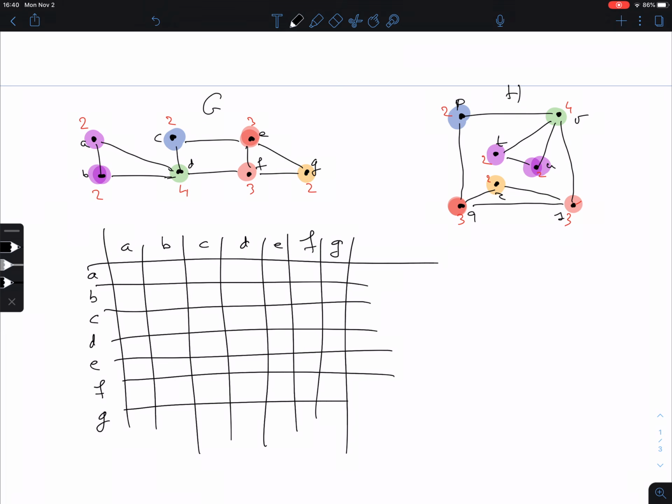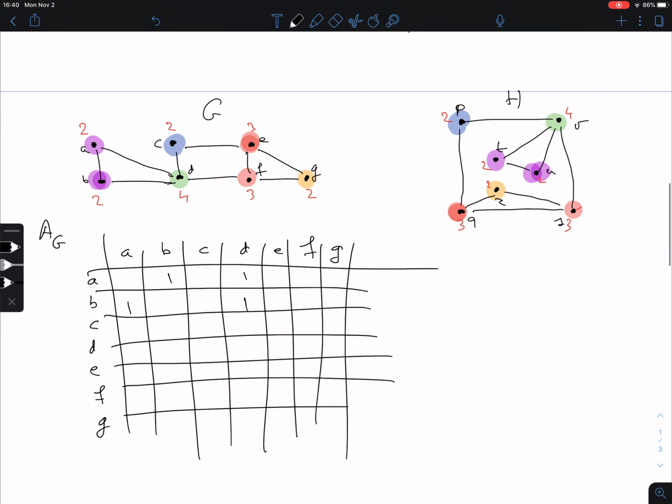So this is the adjacency matrix of G that I'm calculating here. So A is a neighbor of B and D. B is a neighbor of A and D. C is a neighbor of E. D is a neighbor of... sorry, my C's and D's are a little mixed up here.